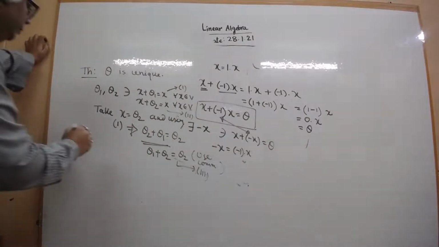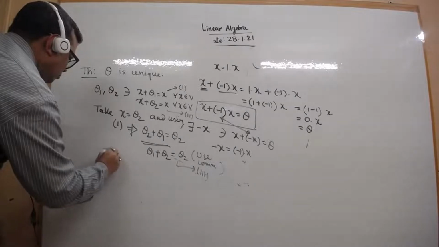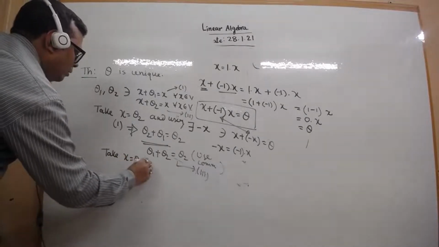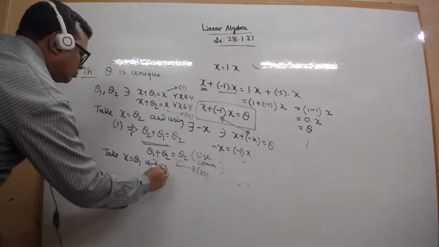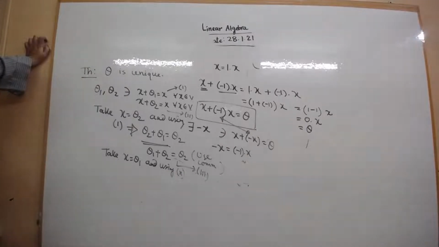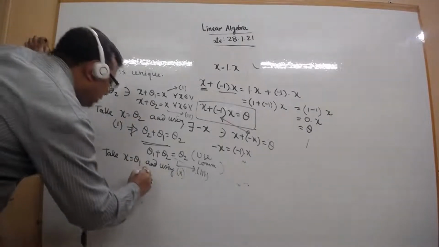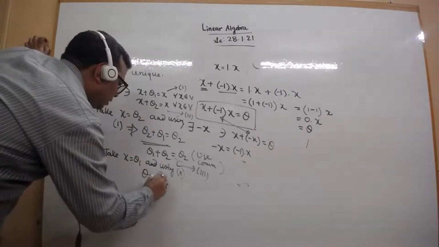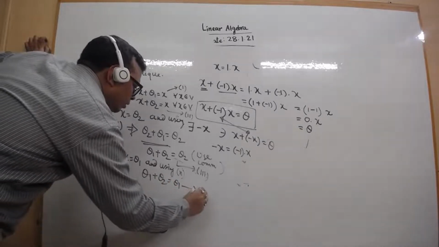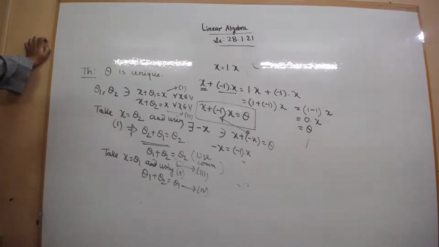Now take x is equal to theta 1 and using 2, we get theta 1 plus theta 2 equal to theta 1, denote 4.